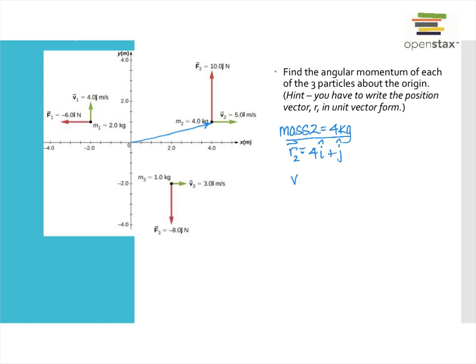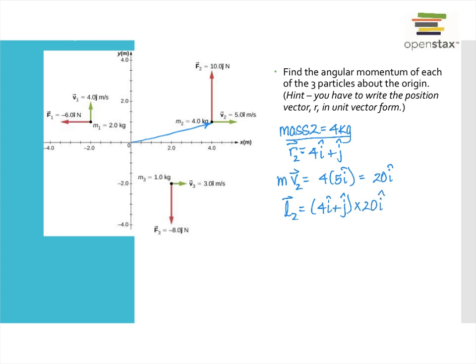Its velocity times its mass is going to be 4, and then its velocity was 5i. So its momentum is 20i. And then if I do its angular momentum, I'd get 4i plus j cross 20i.